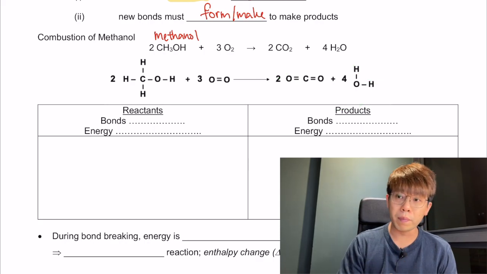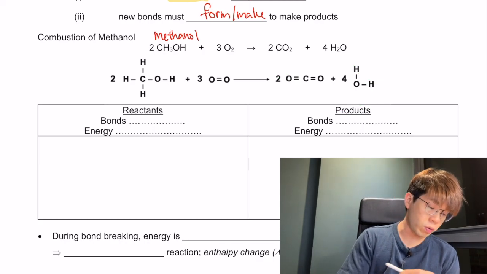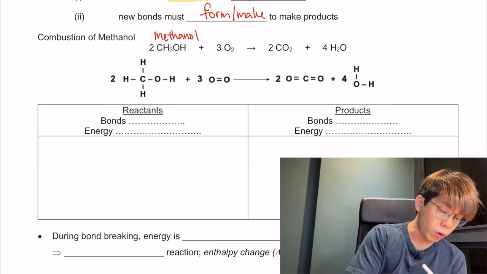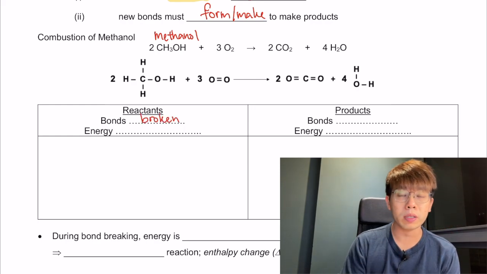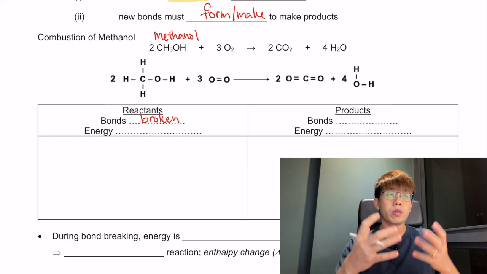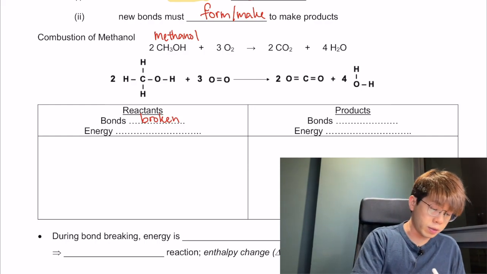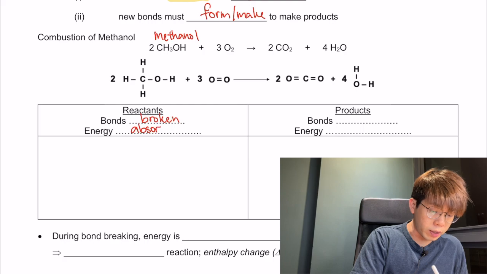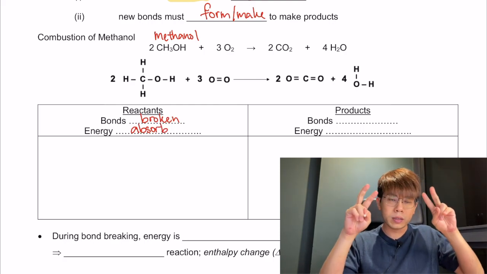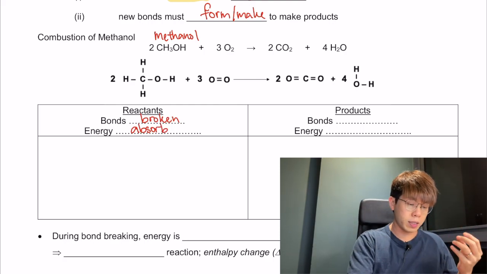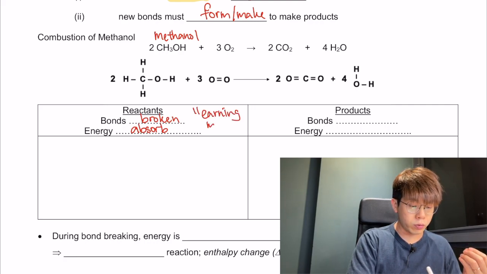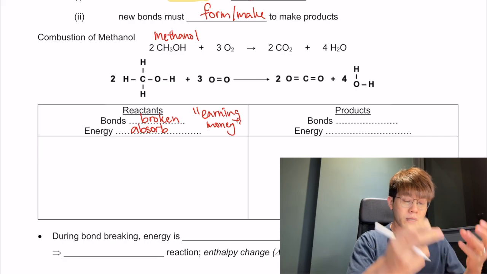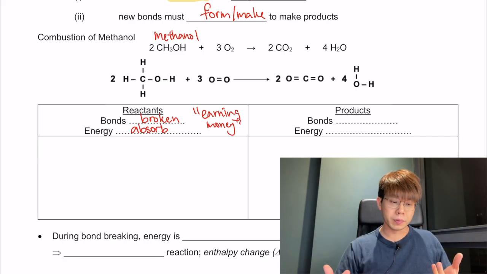So we must remember that for a chemical reaction to occur, bonds must first be broken. And when bonds are broken, we must absorb the energy first. So we absorb the energy, sort of to earn the energy. So this is like an earning money stage. So you first earn the money to break the bonds, right?